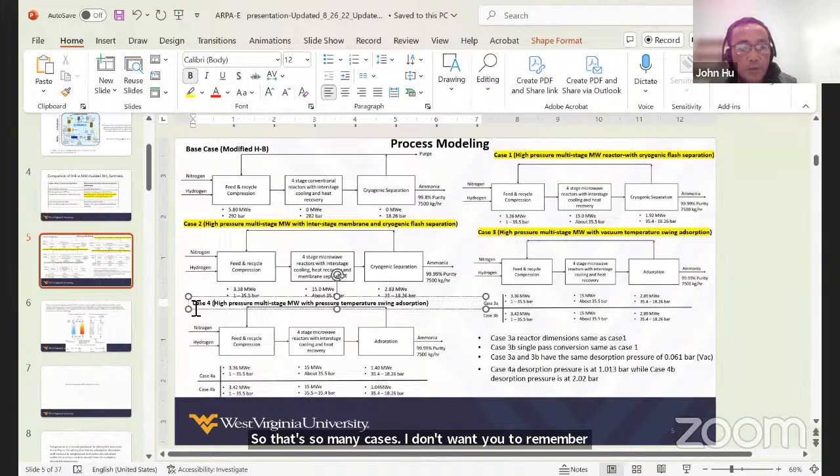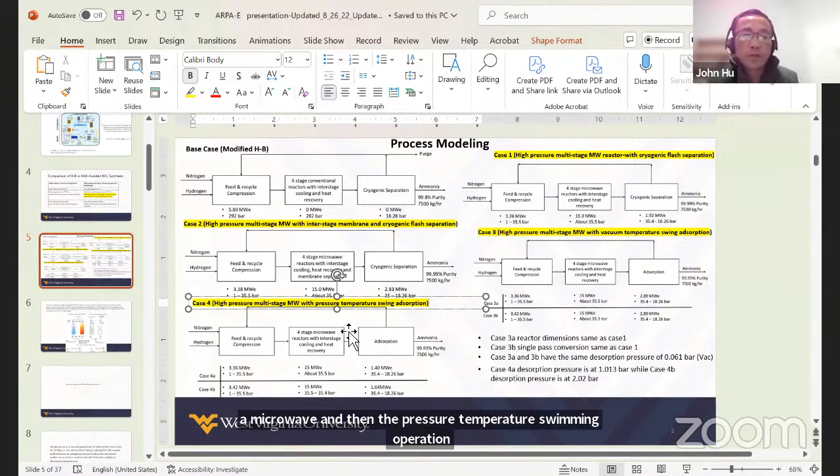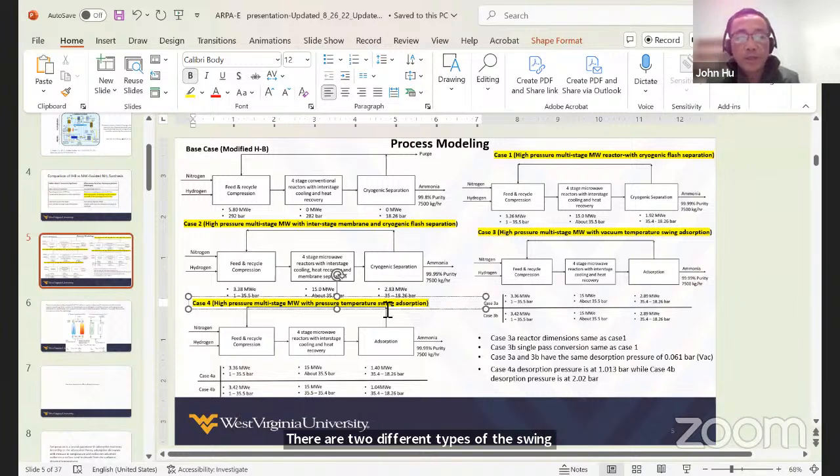So you understand there are a lot of technologies you can utilize when you reduce the reactor pressure. Case number four is the microwave with pressure temperature swing operation. There are two different types of swing operation. One is vacuum, the other under pressure.